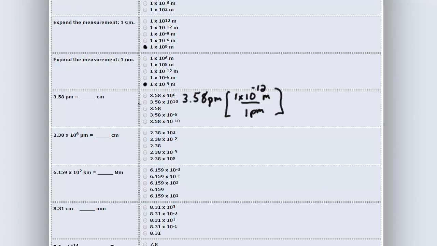And we want to go to centimeters, and there are 100 centimeters in a meter, so 1 times 10 to the positive 2. That's going to give us 10 to the negative 10. So 3.58 times 10 to the negative 10, and that's going to have units of centimeters.